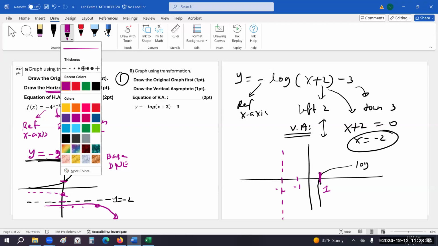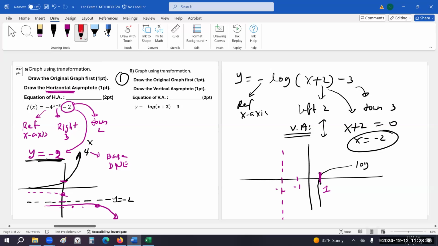First thing we do is reflect. When we reflect, the upper portion of the original graph goes below, and the lower portion goes up. This is the original one, and the red one is the reflection.